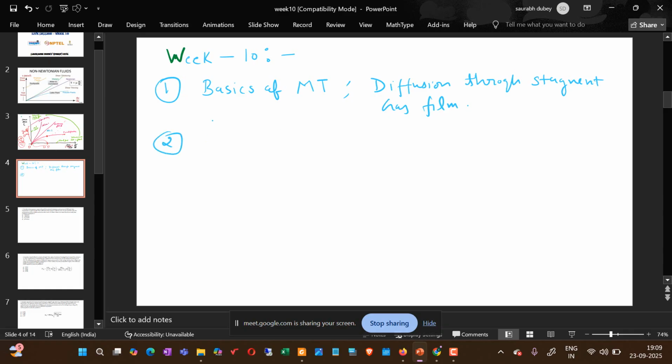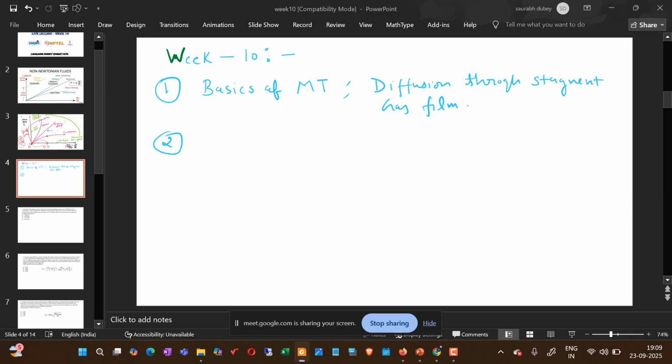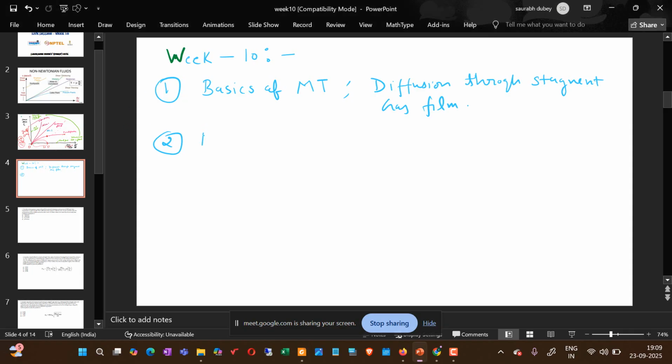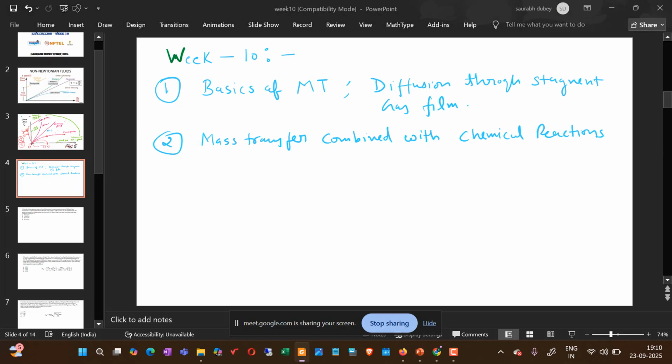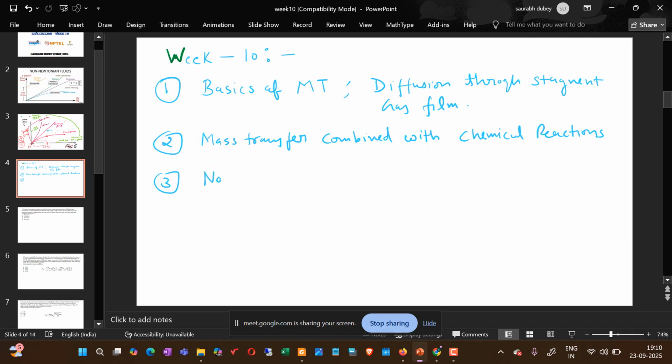The second lecture of the week dealt with mass transfer combined with chemical reactions. Then we had non-isothermal diffusive mass transfer and forced convective mass transfer.